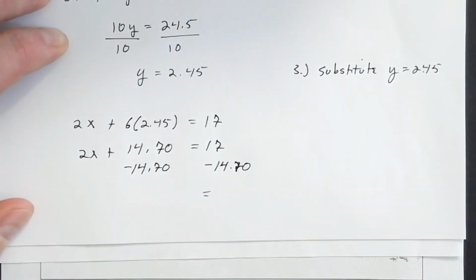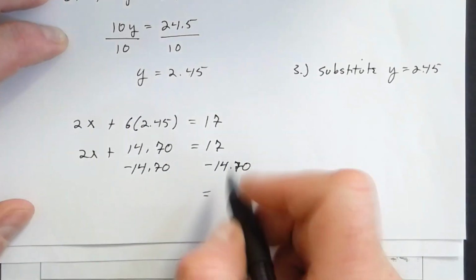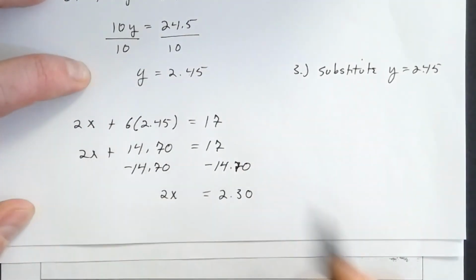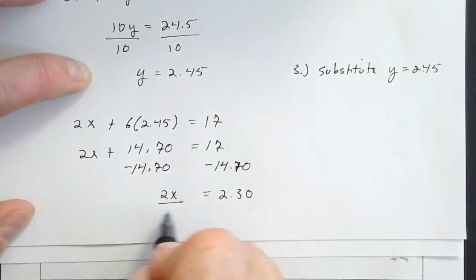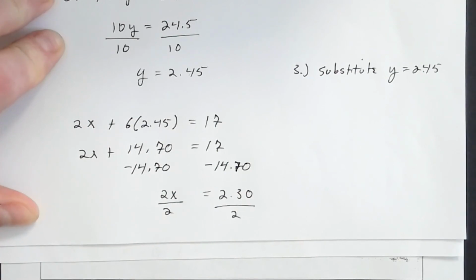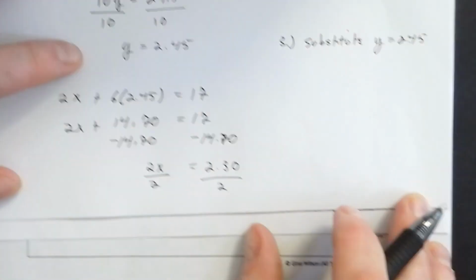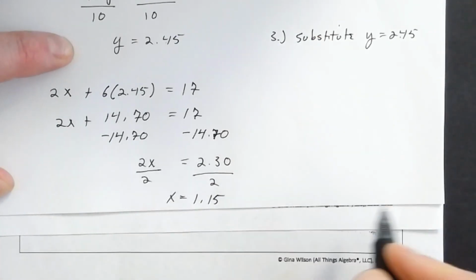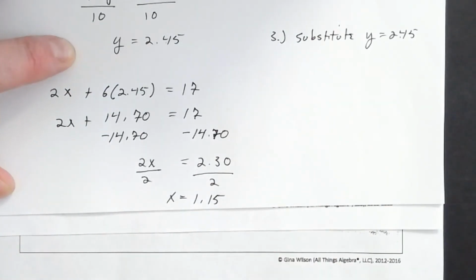So 17 minus 14.70 is going to be 2.30. So we have 2x is equal to 2.30. So divide by 2, divide by 2. So we have $1.15. So x is equal to $1.15. That's how much a box of envelopes costs.